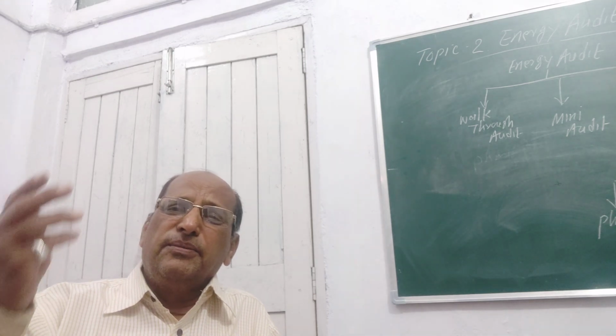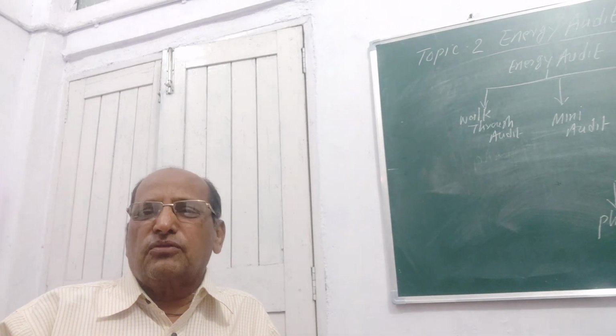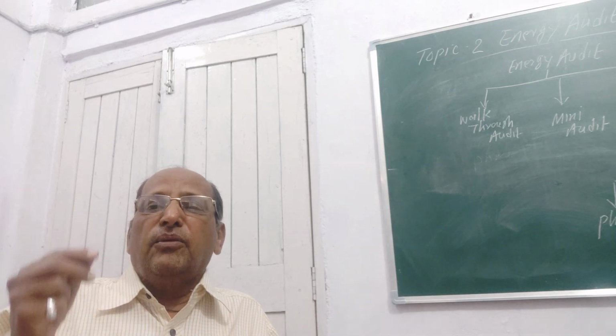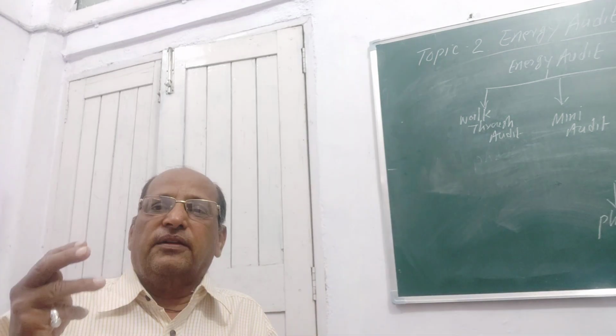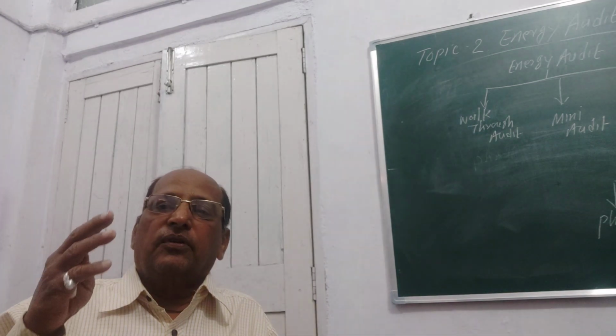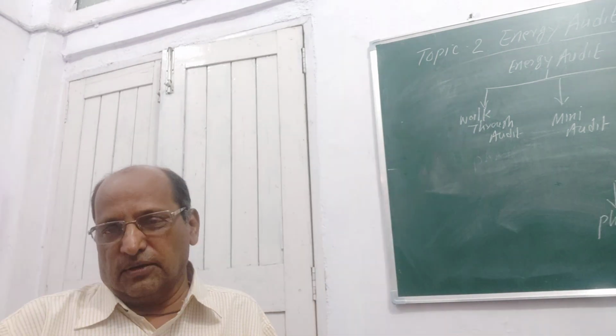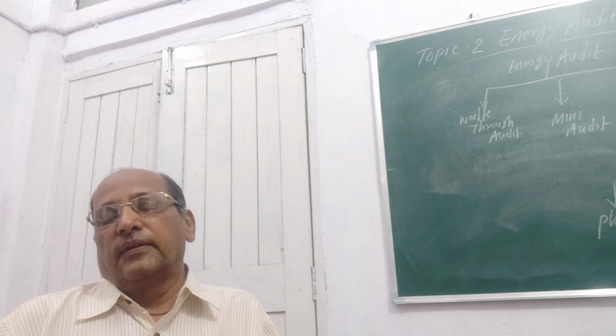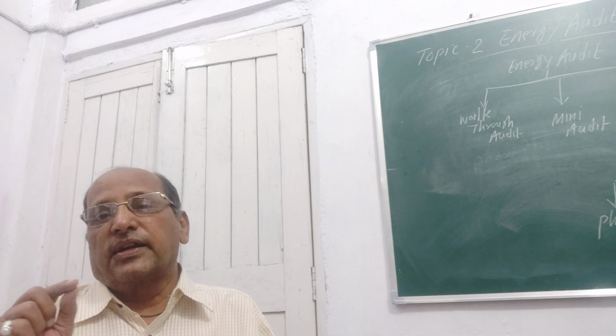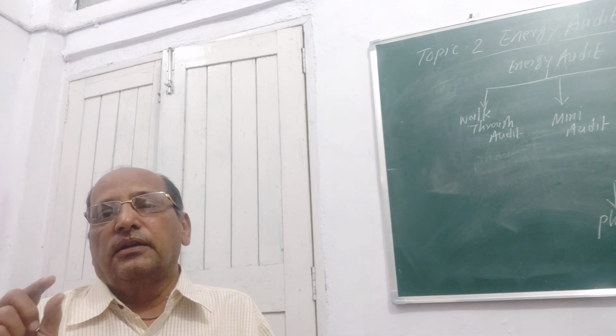This is again a simple point which I have just now told you: that manpower, material and energy are the three factors which are responsible for energy auditing in any system. So in the audit phase, you go for a study of each of these points.